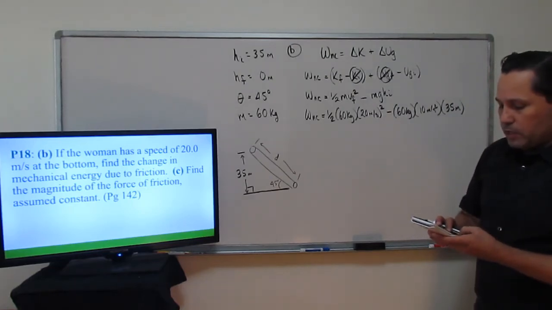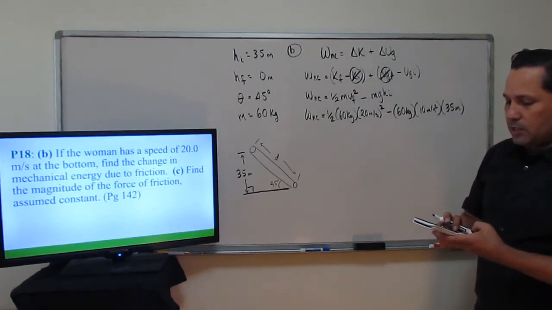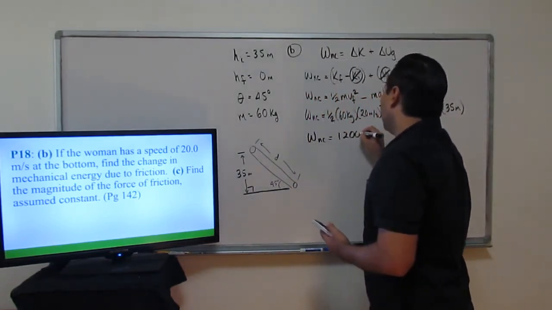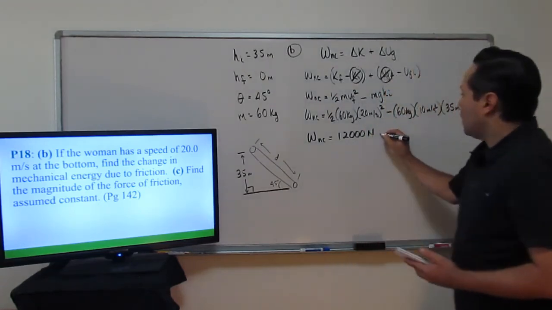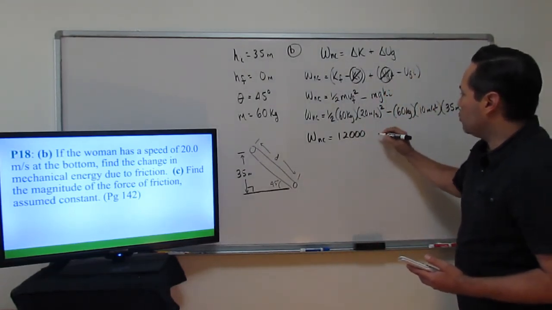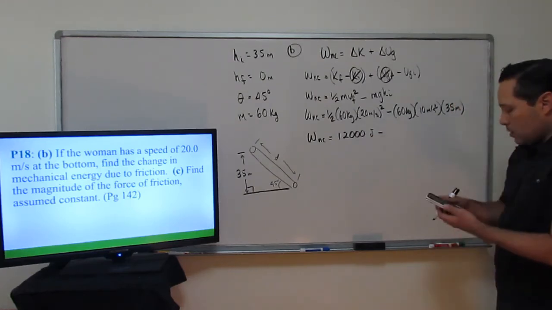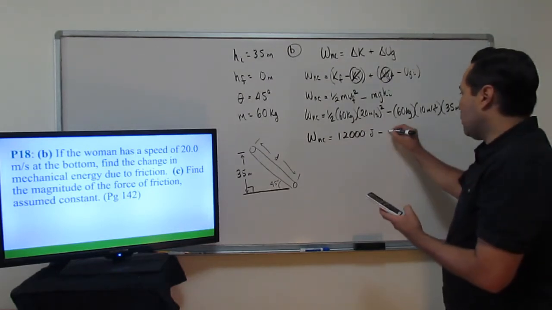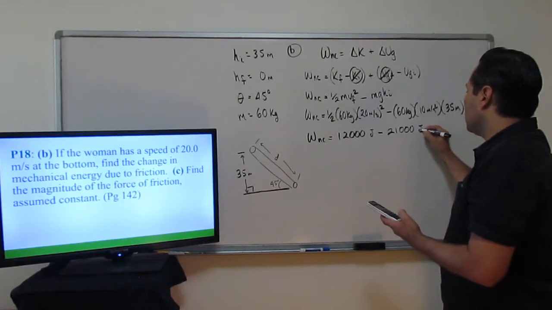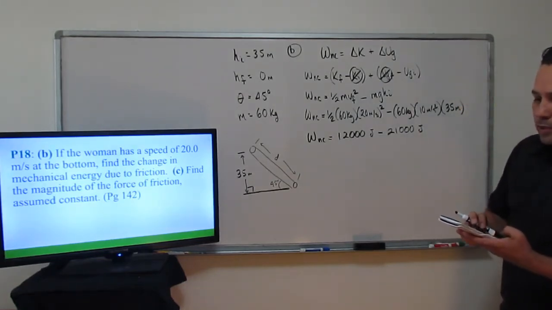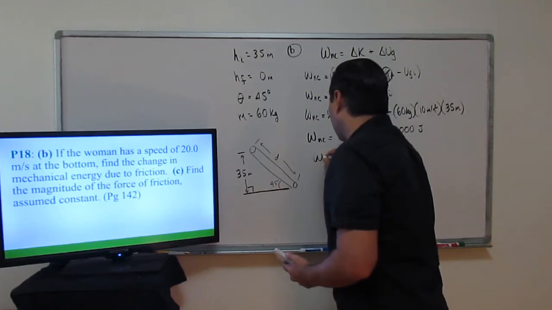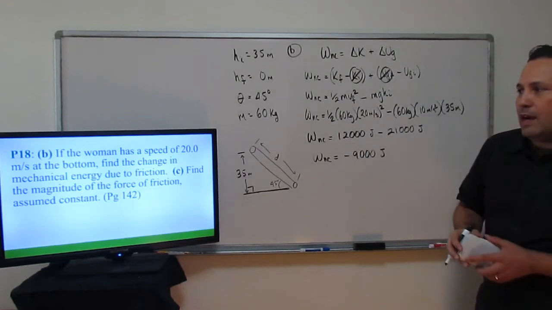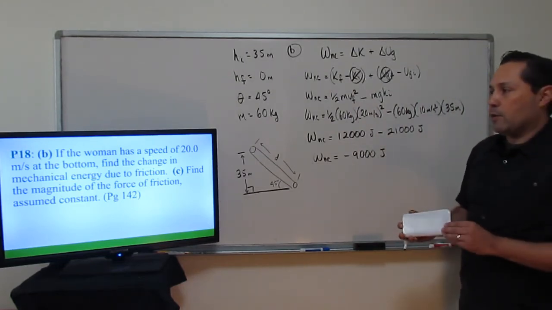So it'll be 20 squared times 0.5 times 60, which gives us 12,000, oh, pardon me, 12,000 joules. And on the other side, it's 35 times 10 times 60, which gives us 21,000 joules. So go ahead and subtract, and you get negative 9,000 joules of work. And that will be the change in mechanical energy.